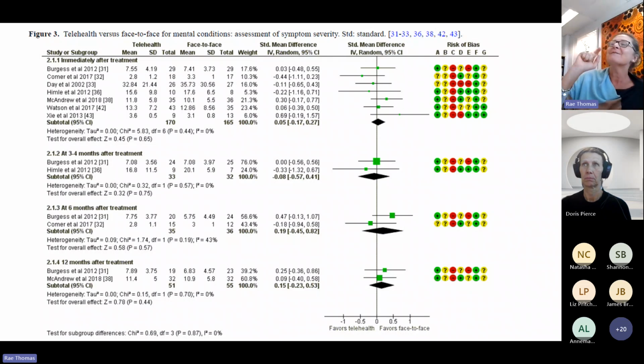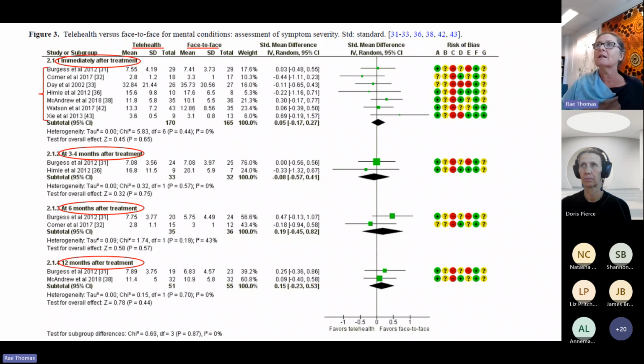So that's all right. This is a forest plot of their primary outcome, right? And their primary outcome is telehealth versus face-to-face for medical conditions, assessment of symptom severity. Okay, so let's walk through what the components of this forest plot are.